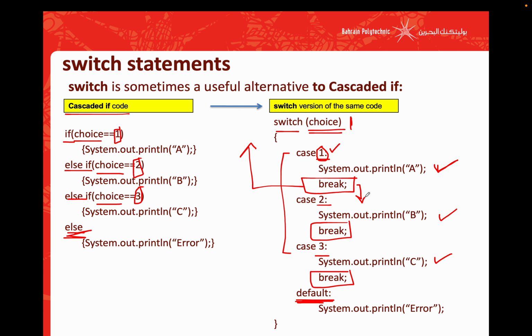And we don't want that. We want it to go back once it finds a match. So that's the purpose of using a break. It's to return after a match is found. So every time you write case, you need to write whatever it needs to do, and then at the end of that case you need to write break.